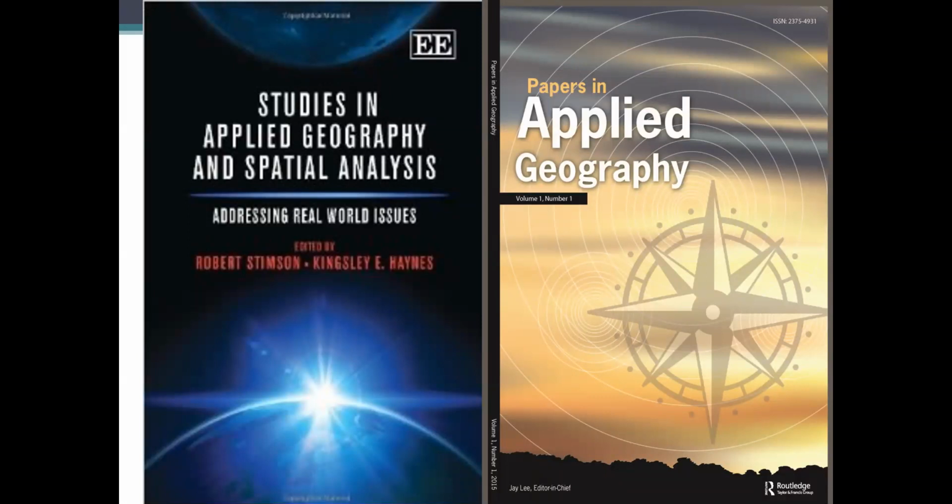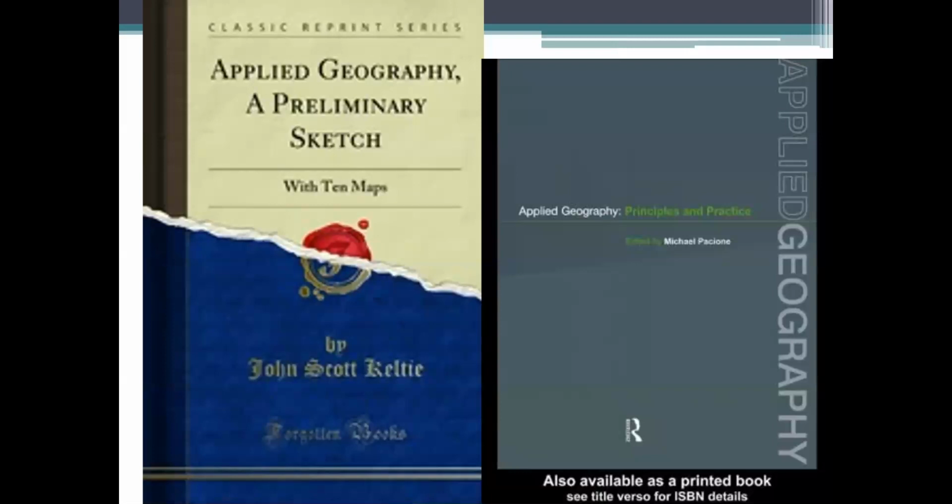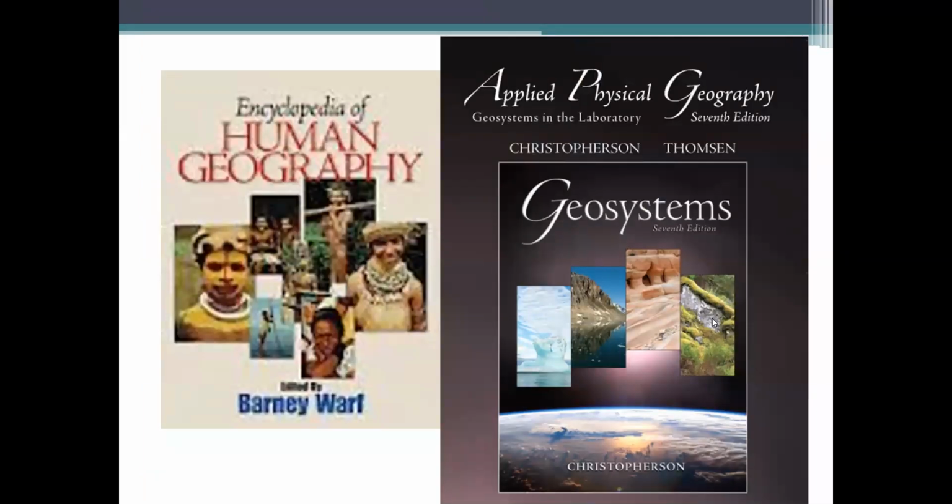And also there are some other books, Studies in Applied Geography and Spatial Analysis, Papers in Applied Geography, and Applied Geography, a Preliminary Sketch with 10 Maps. Applied Geography, Principles and Practice, Michael Pacione's new one. Those are the, and also that is very important to understand encyclopedia of human geography.